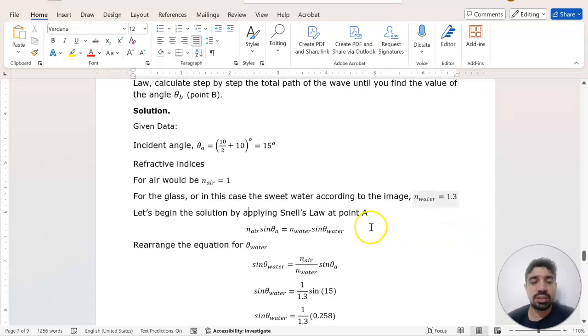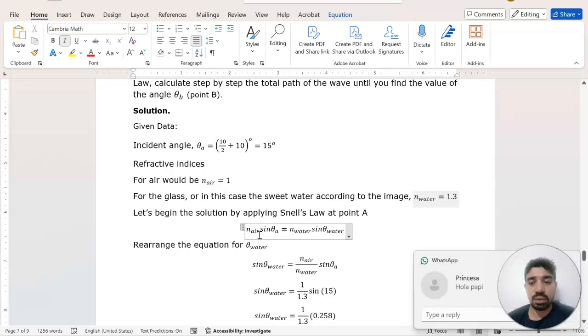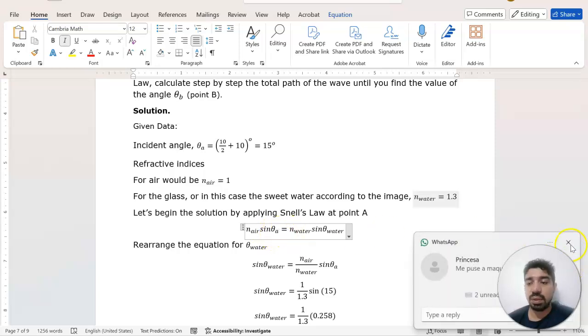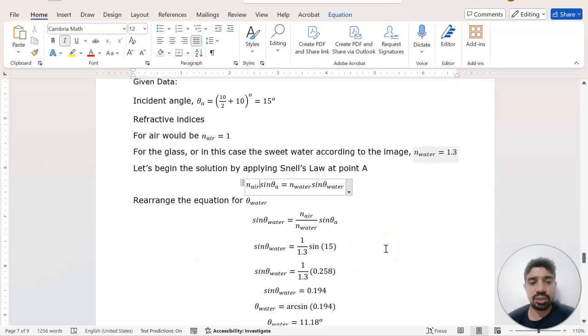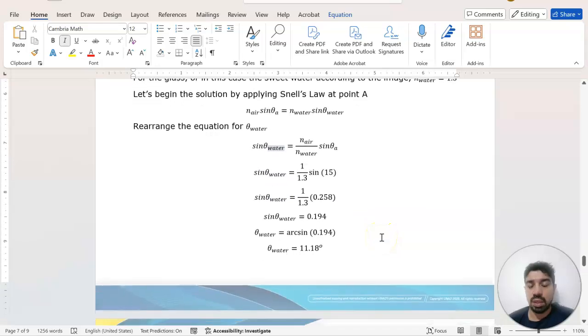So what we need to do is just apply the formula. We have the first medium, which the wave is passing through, and the second medium, which is water. Now we rearrange the equation to find the angle and solve it.